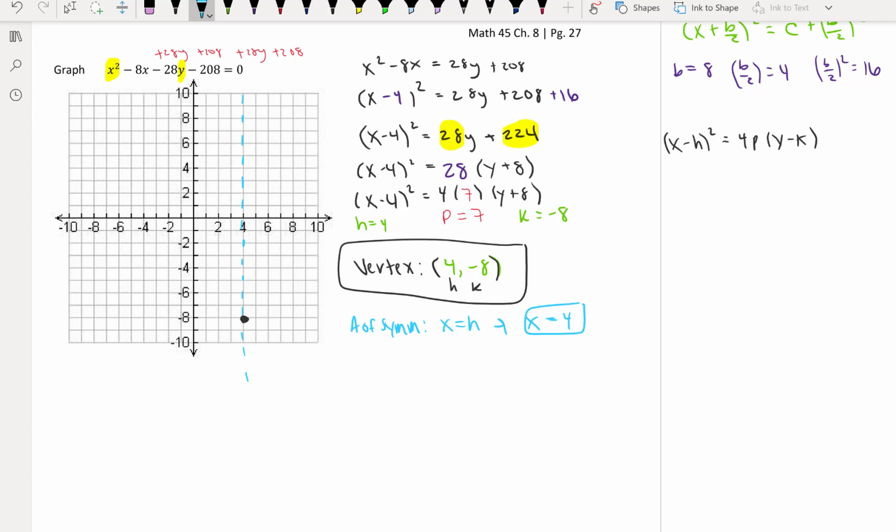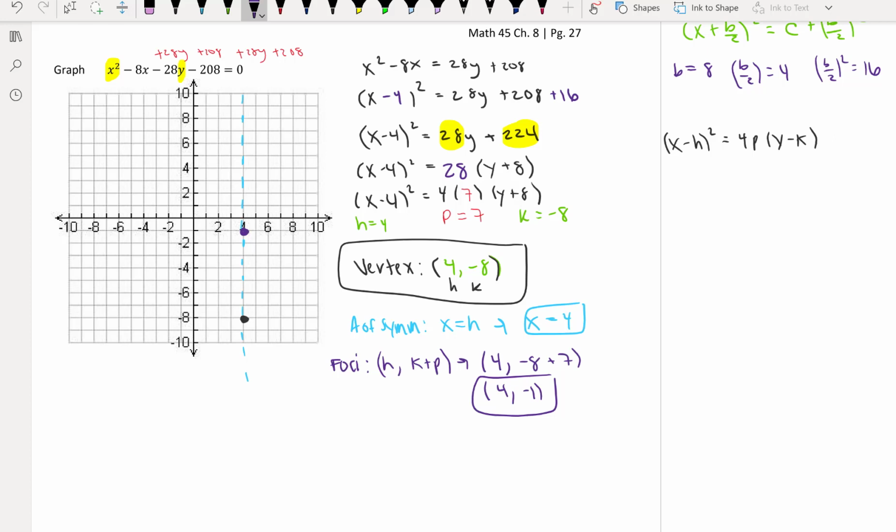The next thing I'm going to be looking at is the foci. The foci I have as h, comma, k plus p. So my h value is 4, k is negative 8, plus my p value is 7. So really I have 4 and negative 1 as my foci. So there is my foci.